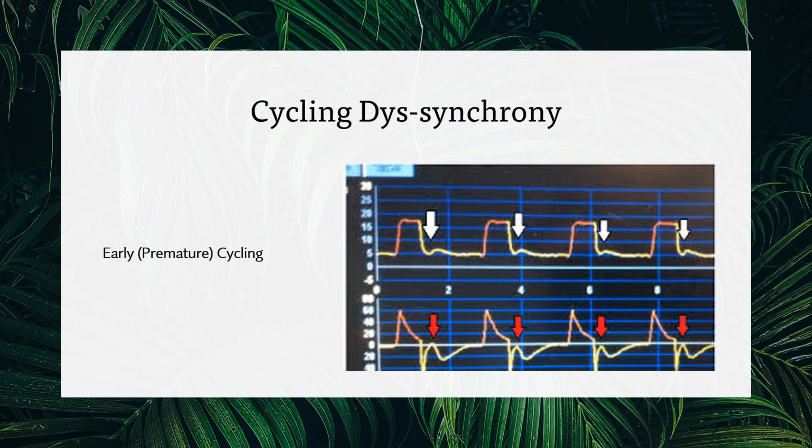If patient effort is strong enough and flow becomes positive, it is possible to trigger a second breath, creating a double triggered dys-synchrony. Here you can see the patient is still making inspiratory efforts while the ventilator has already transitioned to the expiratory phase.